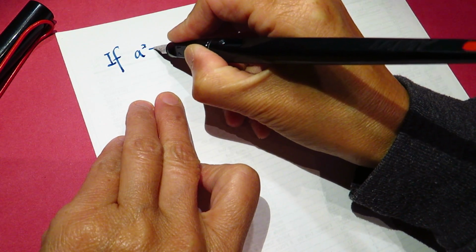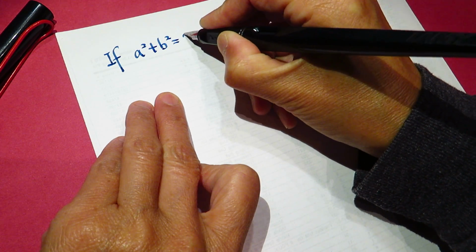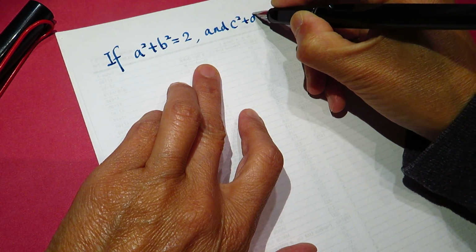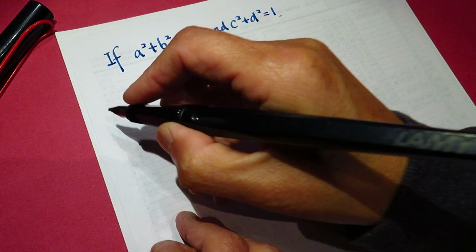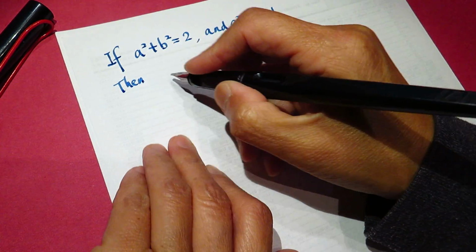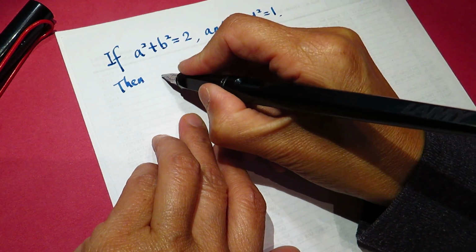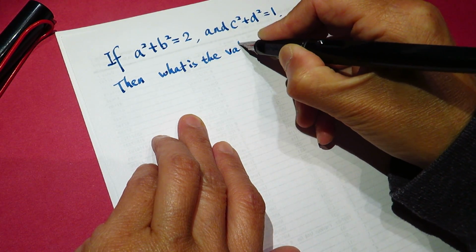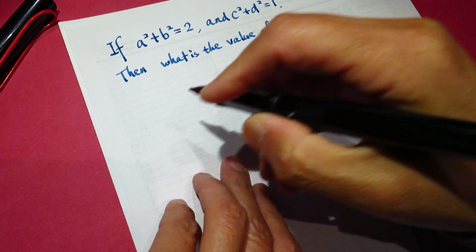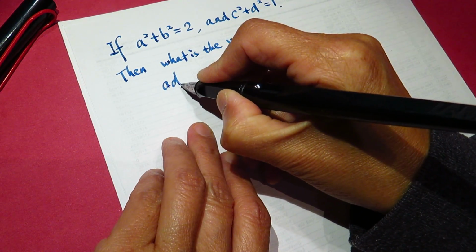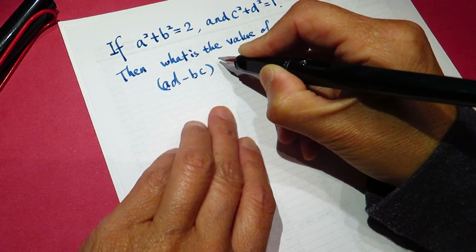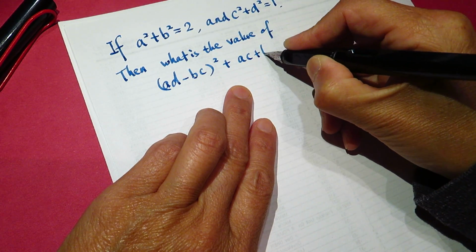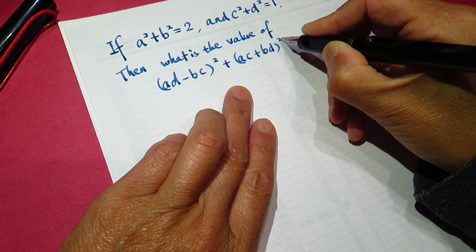If a squared plus b squared equals 2 and c squared plus d squared equals 1, then what is the value of (ad minus bc) squared plus (ac plus bd) squared?